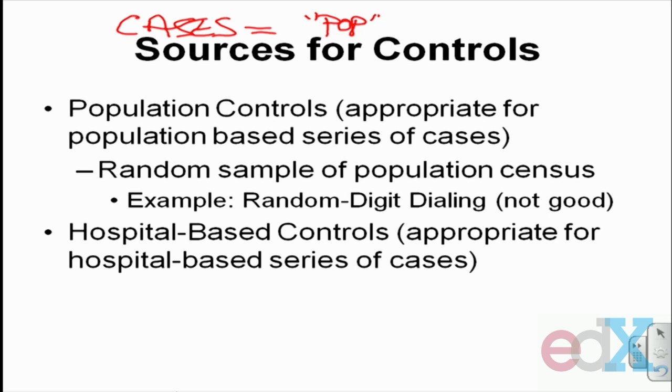Well, if that's your definition of controls, your population at risk, the source for your controls, should reflect that geographical region. You're talking about selecting population controls. You'd essentially like to take a random sample of a complete census of a geographical area.